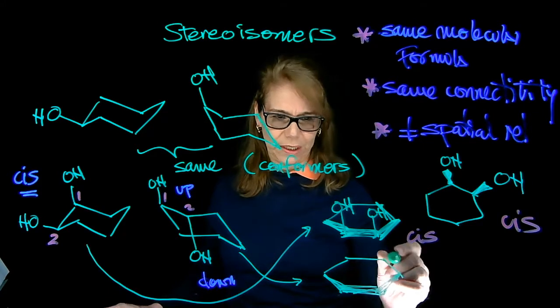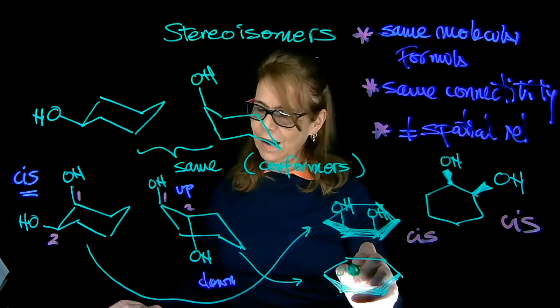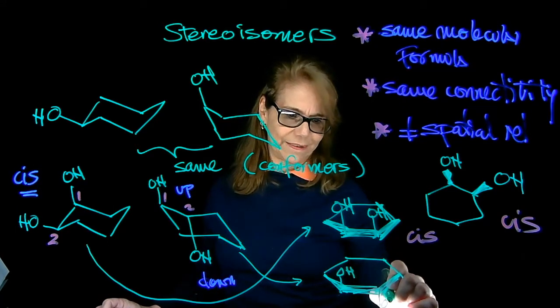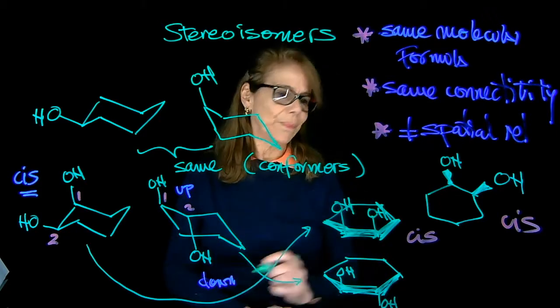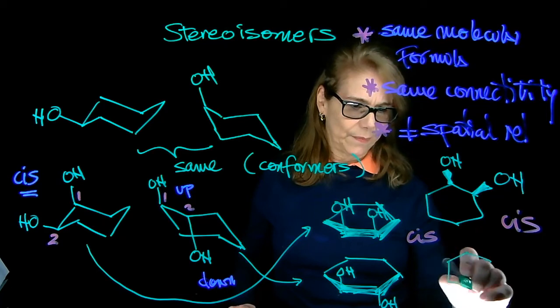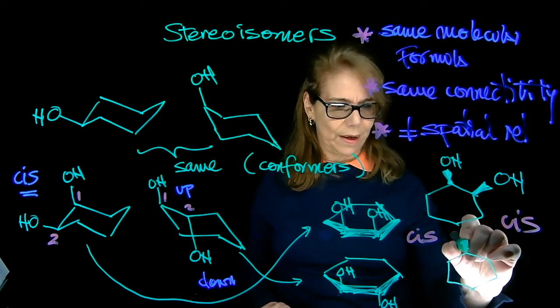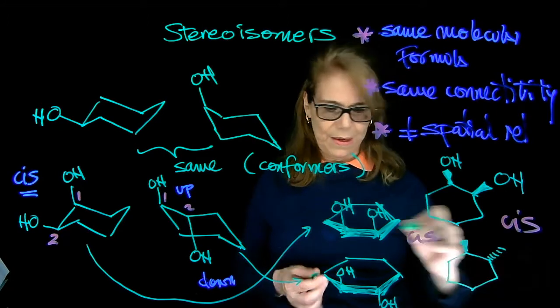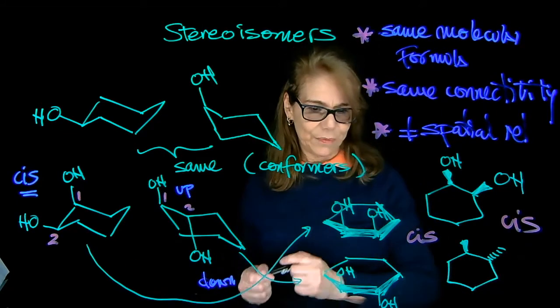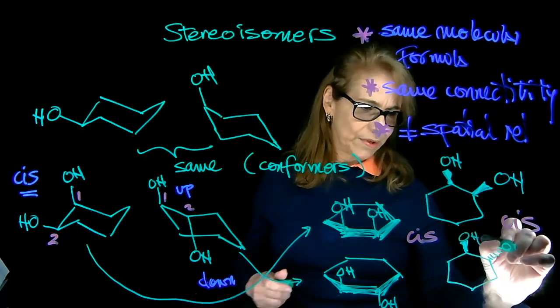So let's say OH in carbon 1 is up and the other is down. And then I can yet make another drawing. And in this drawing, I'm going to put one up, one down. So this time, notice that here I have OH, OH.